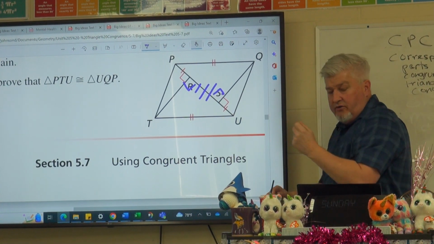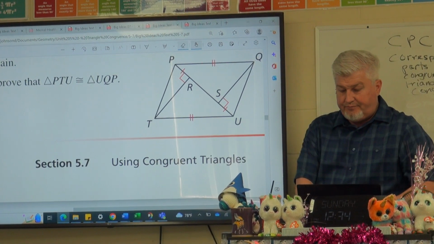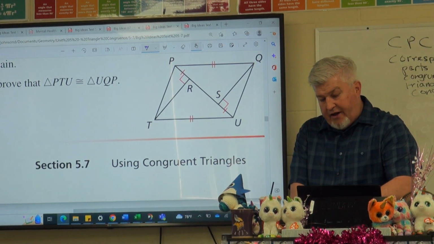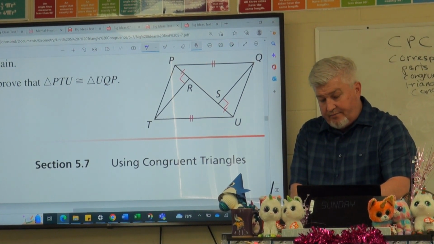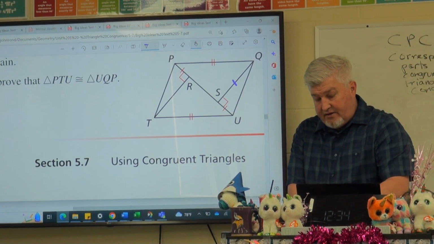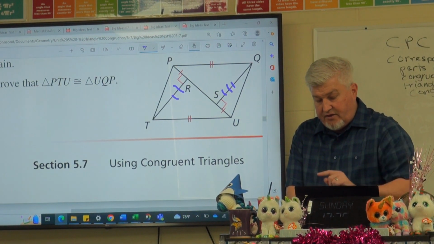So those 2 triangles are congruent by hypotenuse leg theorem. So if those 2 triangles are congruent, then this QS is congruent to this RT.